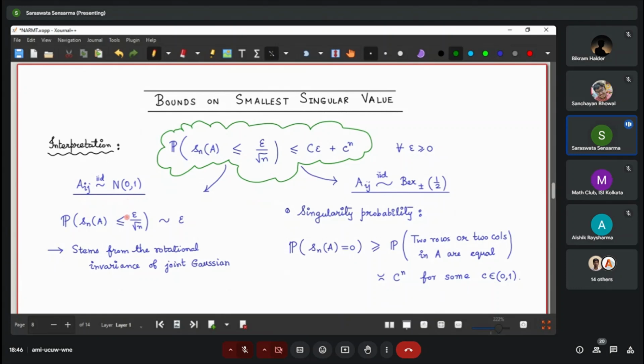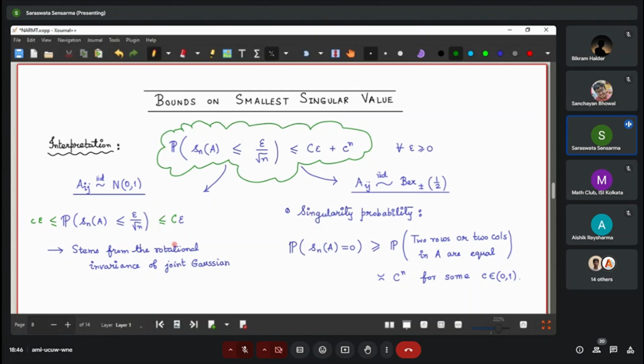Then you can actually give a more direct argument. Gaussian matrices are the best behaved matrices, and independent Gaussian entries are even better behaved. So then one can give a direct argument to show that this probability, when I say tilde, is less than or equal to some c epsilon, and also greater than or equal to some small c epsilon.